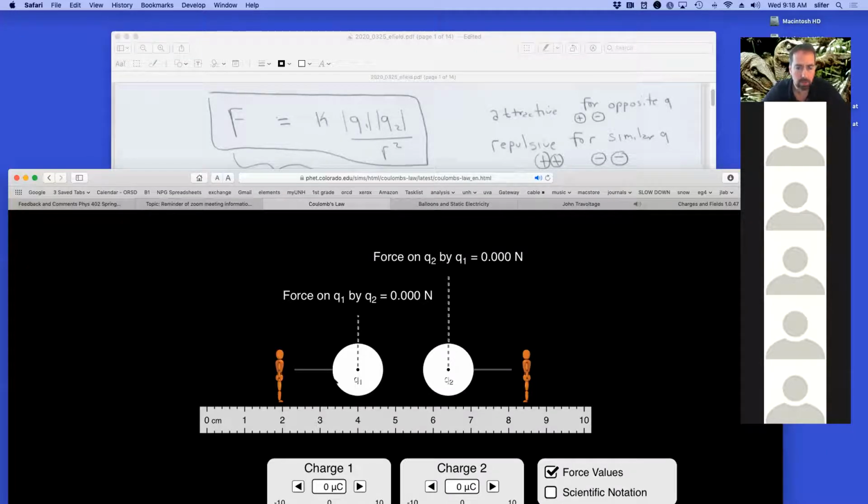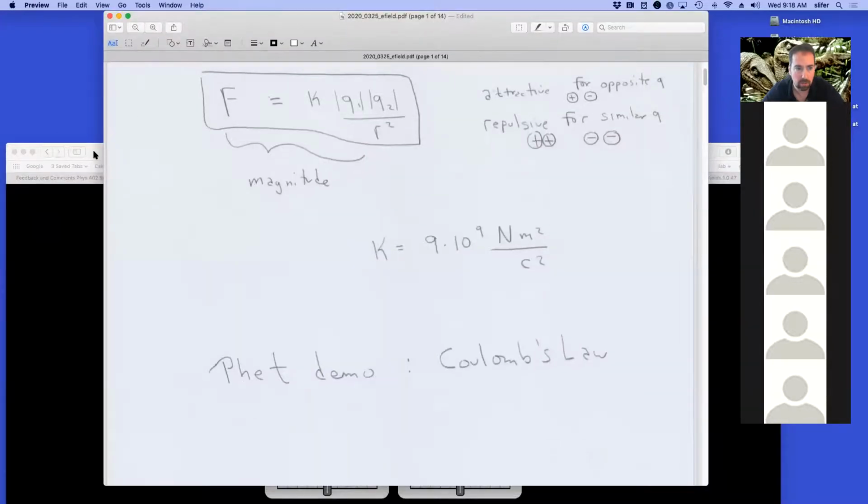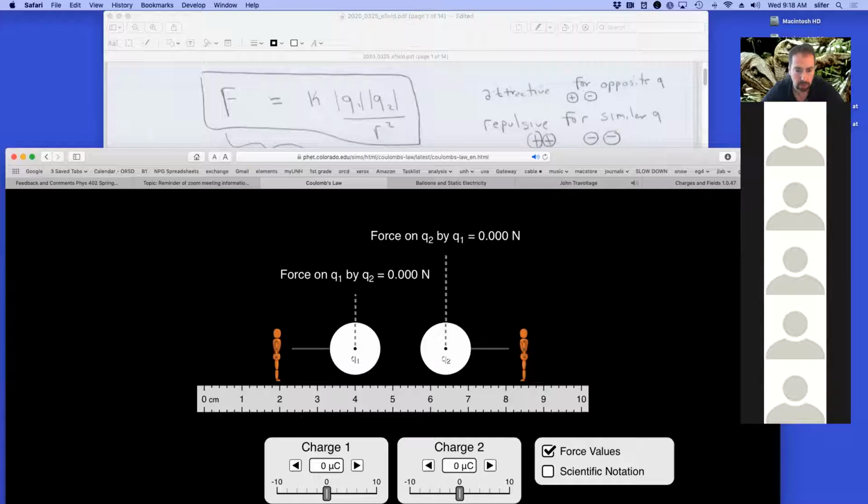Here's our Coulomb's force. I'm looking at a demo here that evaluates the magnitude of the force between these two objects. So what happens when we have no charge on either of these, 0 coulombs? Well, I have a 0 here, I have a 0 here, the net force is 0. What's interesting is if I have a charged object here, I can increase this charge, say it's, and this symbol here is Greek mu.